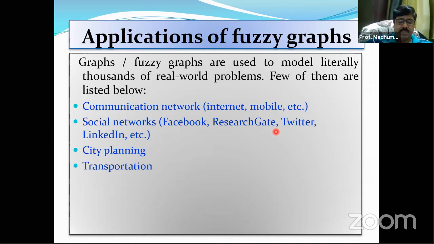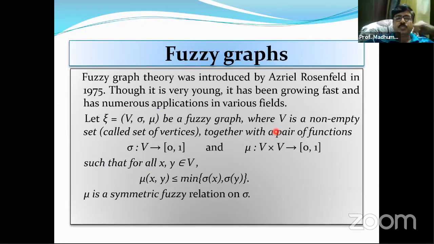Traffic line signaling is nothing but the graph coloring problem. Transportation systems, DNA studies, and many other things are subjects of graph theory. Similarly, testing of isomorphism of chemical compounds is a subject of graph theory. That means using graph theory, we can solve these problems.